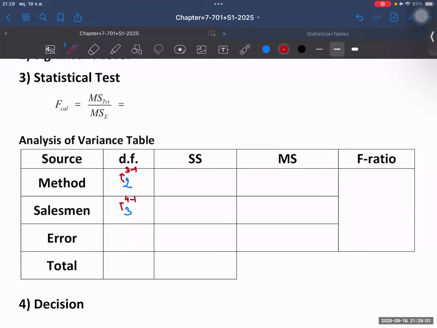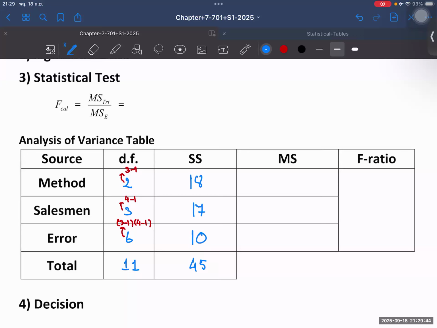And the error comes from 6, which is 3 minus 1 times 4 minus 1, right? And the sum of the degrees of freedom is 2 plus 3 plus 6, which is 11. And the sum of squares of the treatment is 18, the block is 17, and the total is 45. That's why we get the sum of squares error of 10.